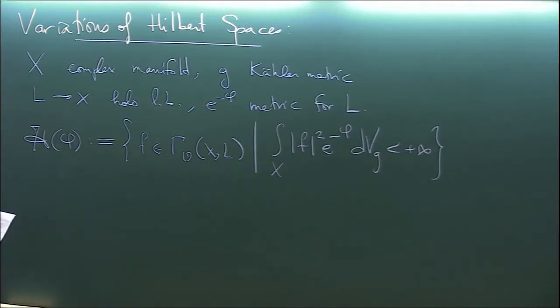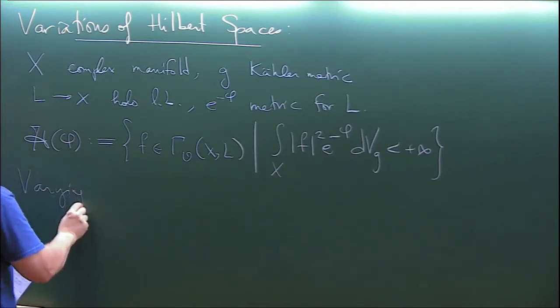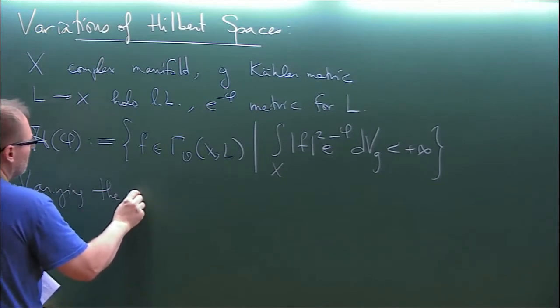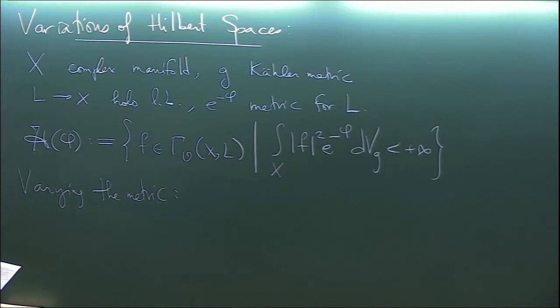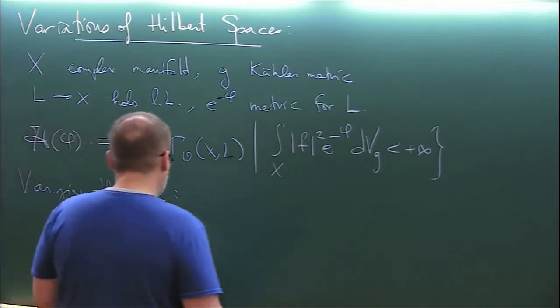Okay, so this is the model for a single space, but now suppose you want to somehow vary the metric. We want to do this in a particular way that may seem strange at first, but later you'll see why I'm doing this.